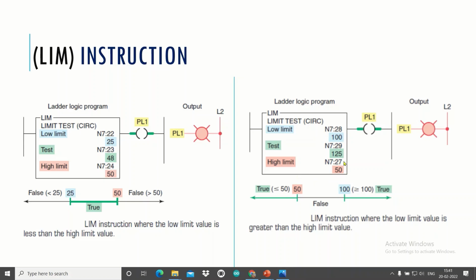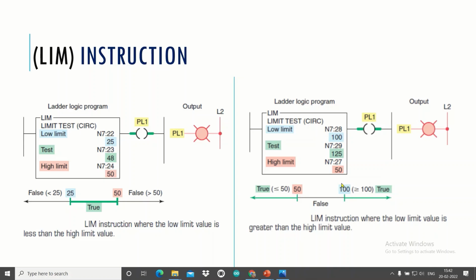In that sense, this 50 is a high limit because it should not be greater than 50, or it can be greater than 100. So in the first case it is true within the range. This is true outside the range.